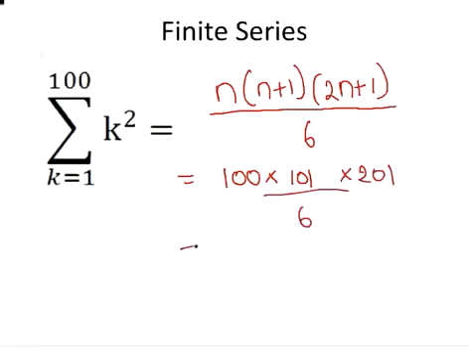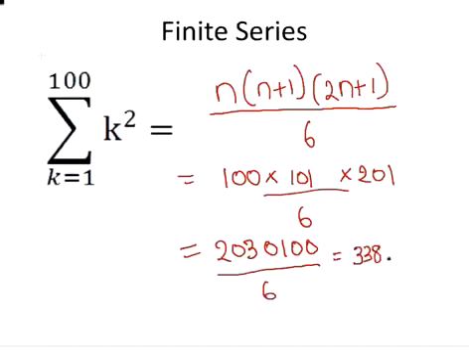Using our calculators, we would find that to be 2,030,100 all over 6. And that's equal to 338,350.